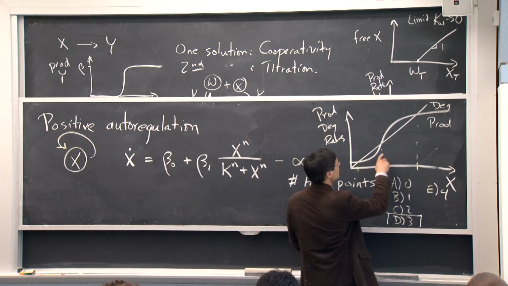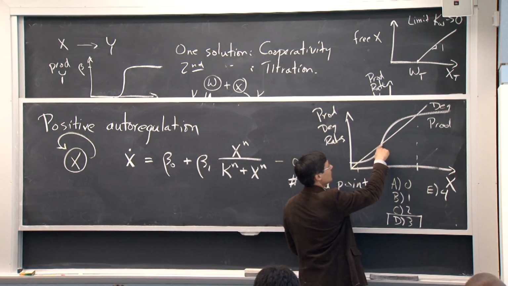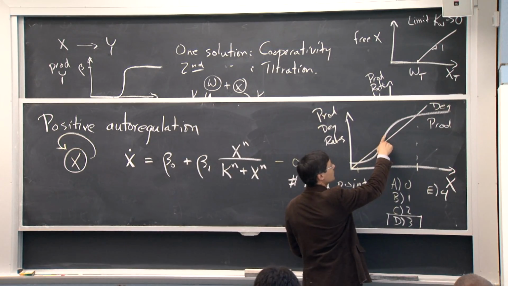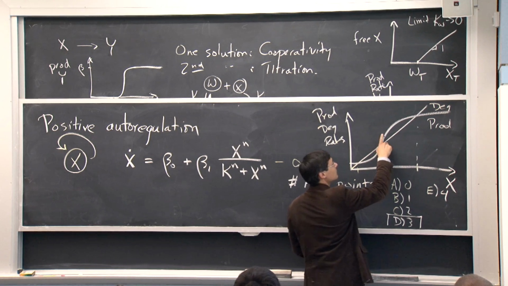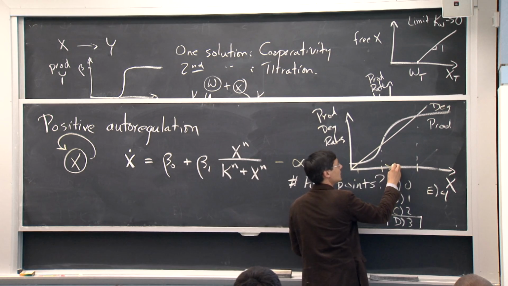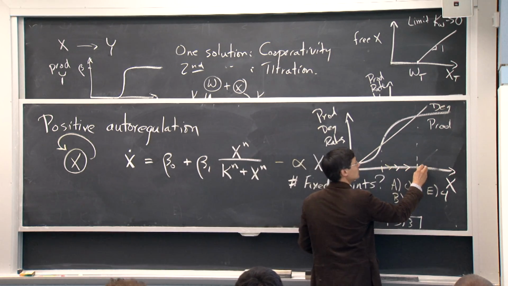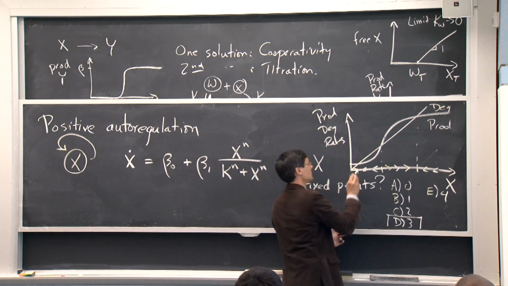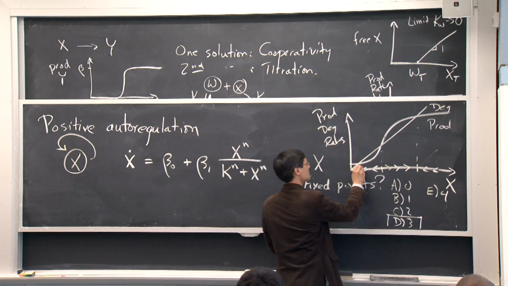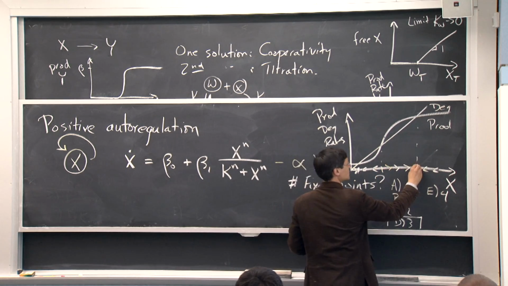You can see here that around this point, the production rate is more than the degradation rate. That means that if you leave that fixed point, you're going to get pushed away. So it's very nice to draw these little arrows here. This fixed point is stable, unstable, and again stable.